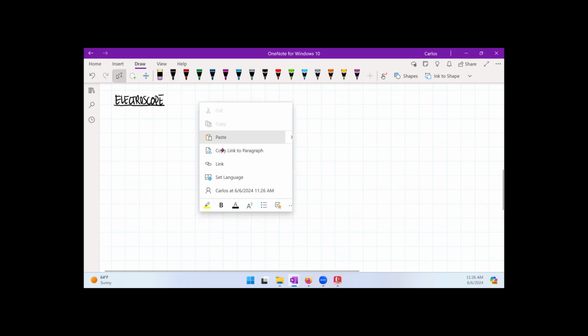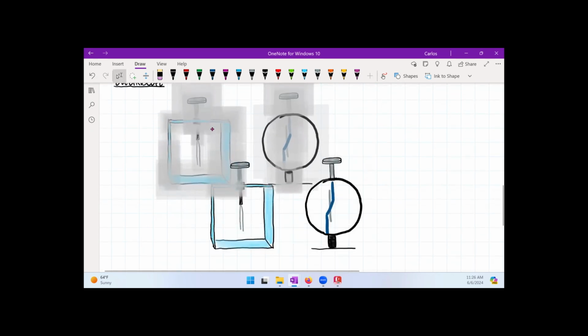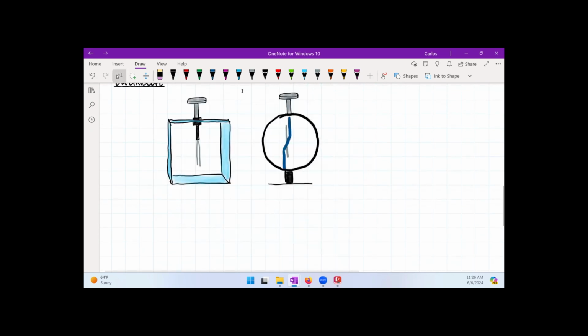You're seeing two different electroscopes right here.